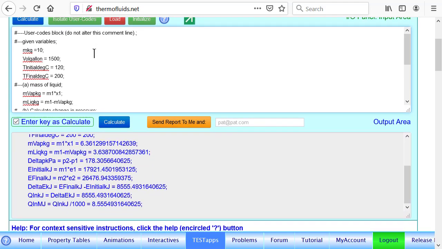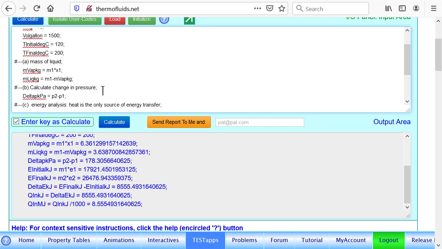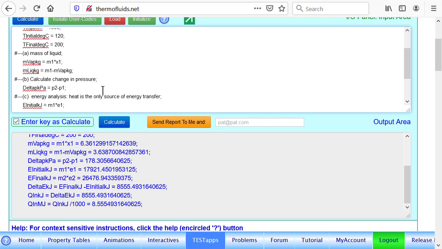And just to mention, let's remember this answer, 8.55 million joules. Suppose the final temperature was not 200 degrees Celsius. Suppose I heated it to 300 degrees Celsius. What will happen?